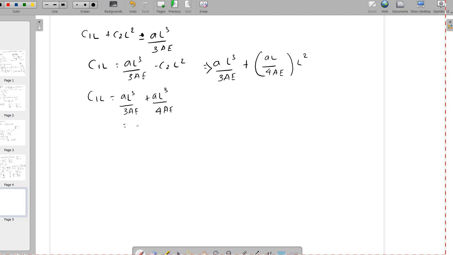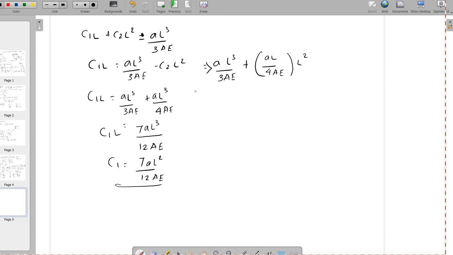Taking the LCM 12AE and cross multiplying, 4AL cube plus 3AL cube, so totally 7AL cube by 12AE. So C1 is equal to 7AL square by 12AE.